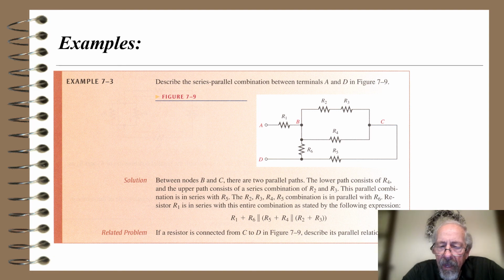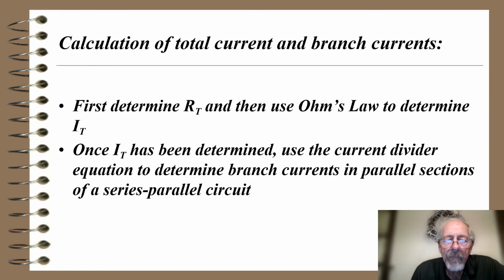I don't know if they have enough. It doesn't look like they have enough. R5 plus R4 in parallel with the combination of R2 plus R3. Well, again, you might want to take a look at that one a little bit longer.